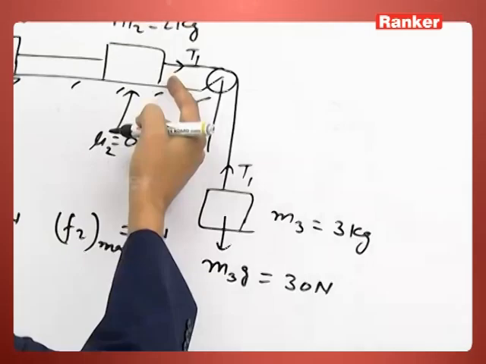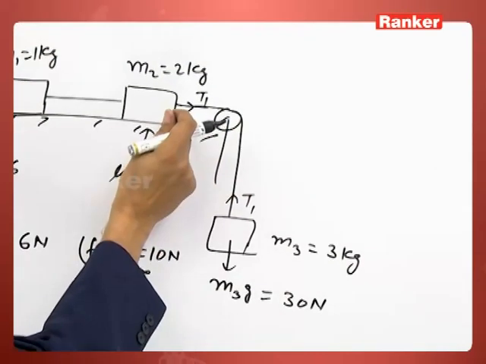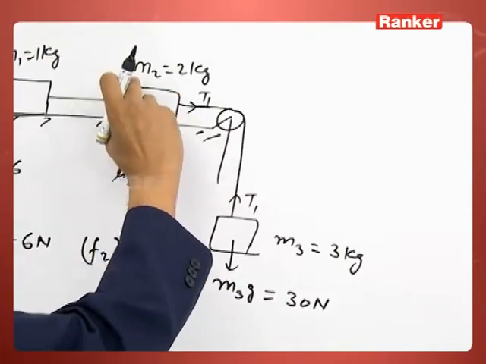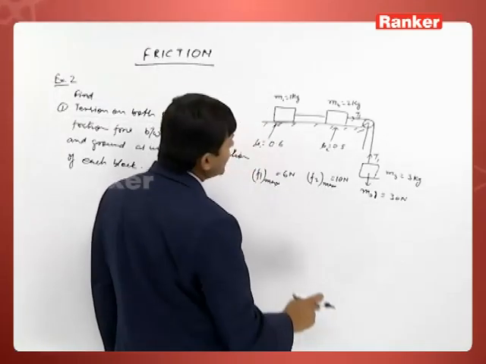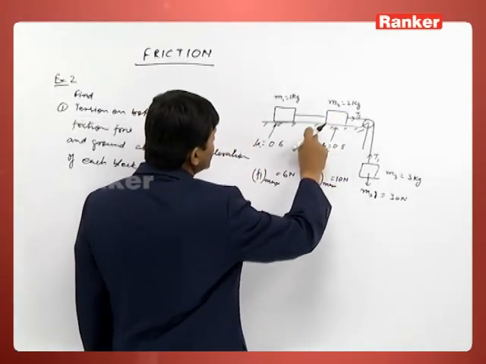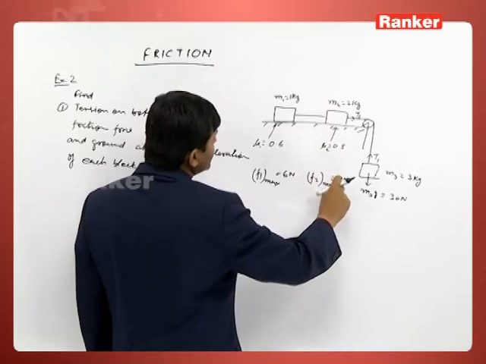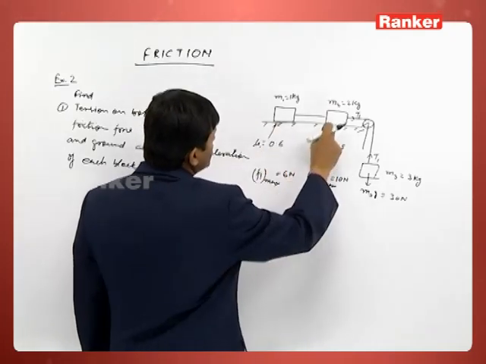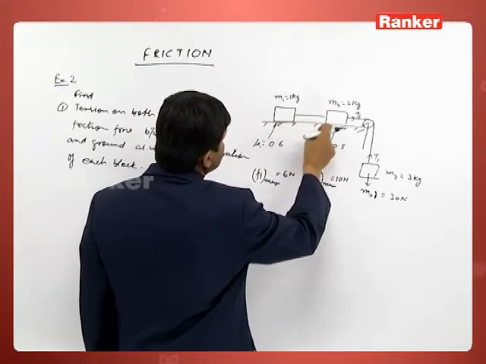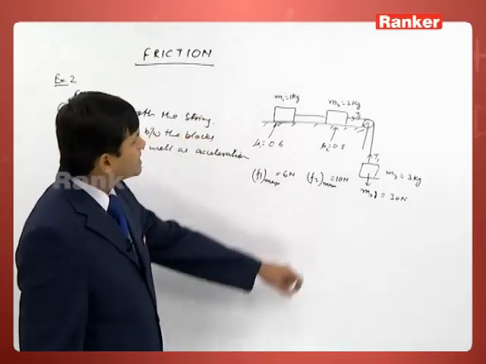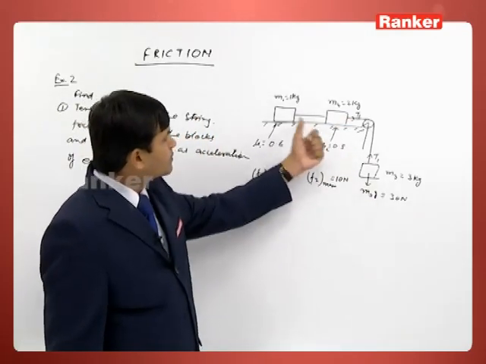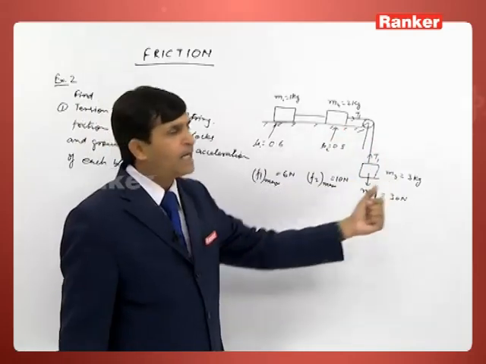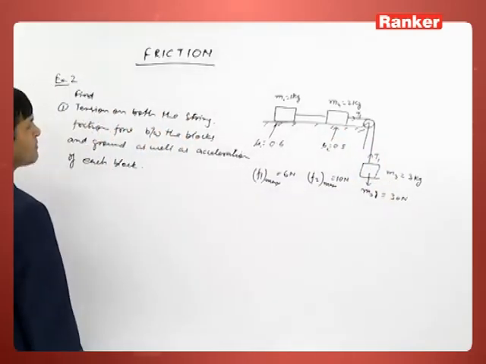Due to this T1 it has a tendency to move to that side, and as soon as it has a tendency to move, friction starts acting. Maximum friction here is 10 and here 6. The cumulative friction force will become 16, and T1 is 30 Newton. It means the whole system will slide.